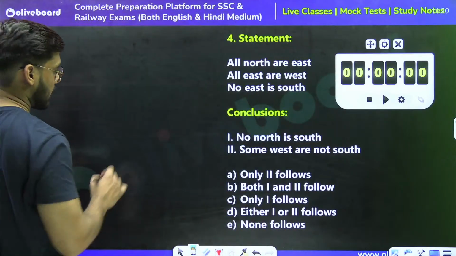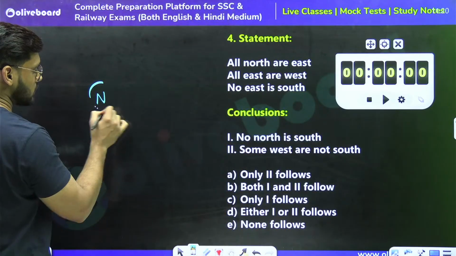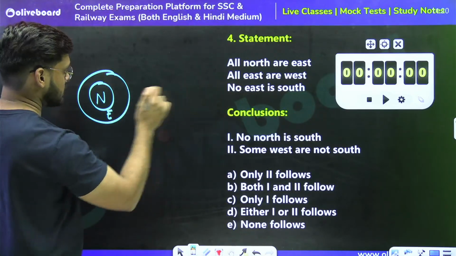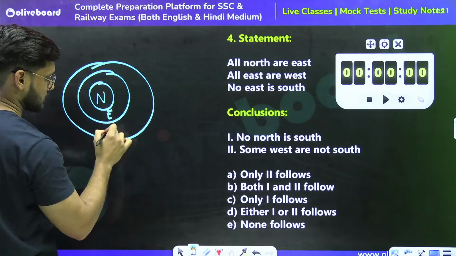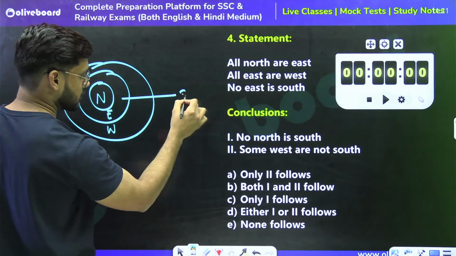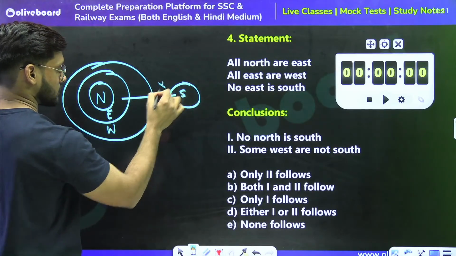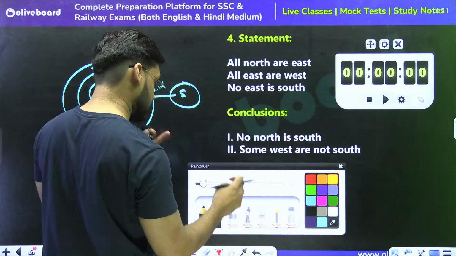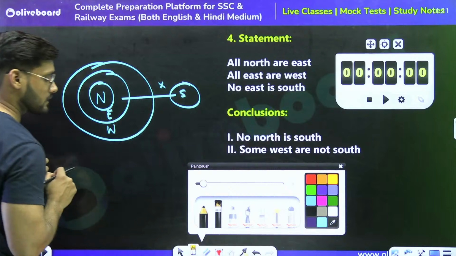We are given that all north are east. All east are west. No east is south. East is not having any relation with south. Now, in conclusion number 1, he is saying no north is south.